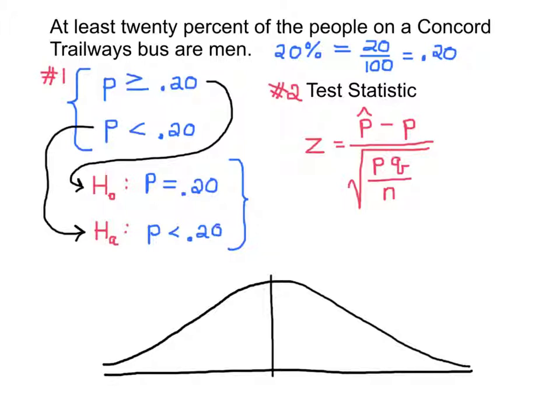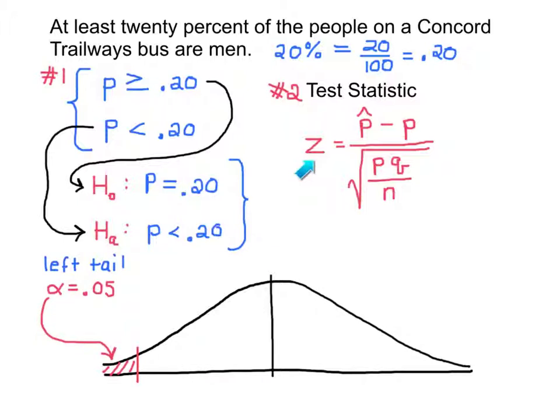That makes this a left-tail test, which means that when we're given a significance level, some alpha, maybe our significance level is 0.05, then we're talking about the left tail of our normal distribution that is 5% of the area under our probability density curve.